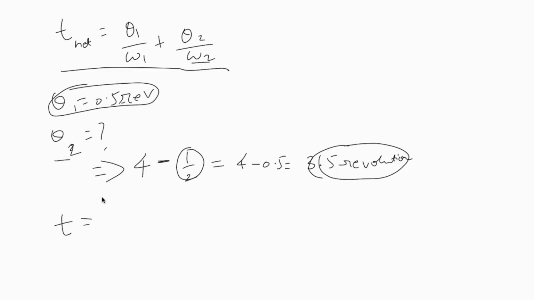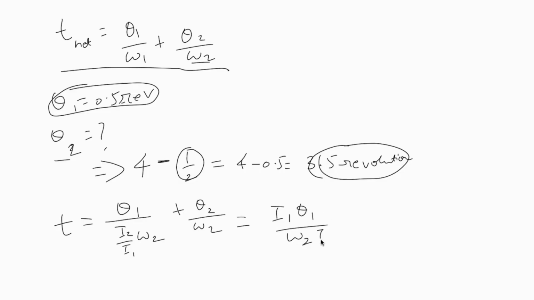It is the same. t equals theta 1 by, instead of omega 1, I2 by I1 into omega 2, plus theta 2 by omega 2, and this can be written as I1 theta 1 by omega 2 into I2 plus theta 2 by omega 2.